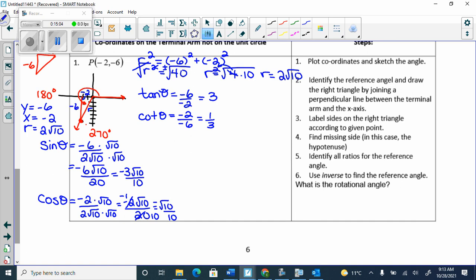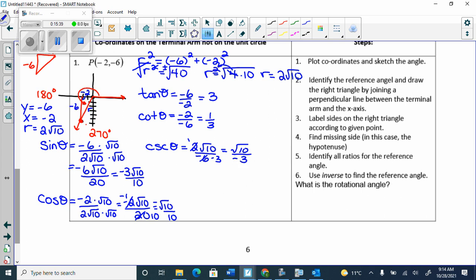By sine, what goes with sine? Cosecant. Cosecant. And so if it's sine y over r, cosecant is r over y. So I get 2 root 10 over negative 6, which reduces to root 10 over negative 3, which sometimes they'll write as negative root 10 over 3, right?